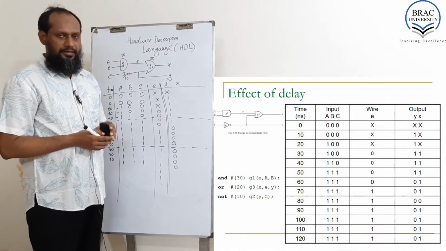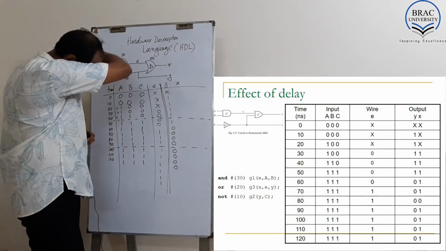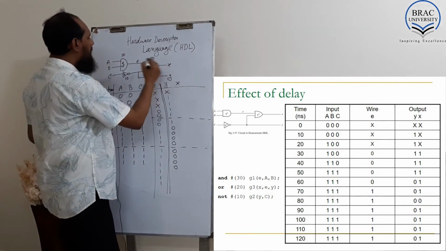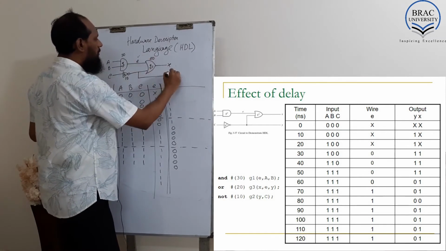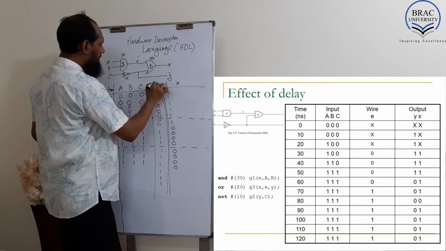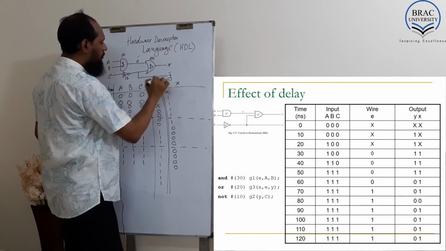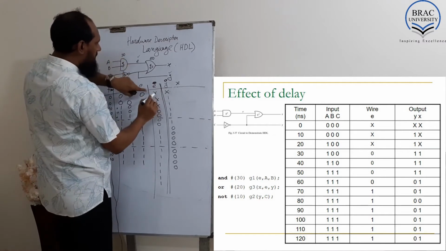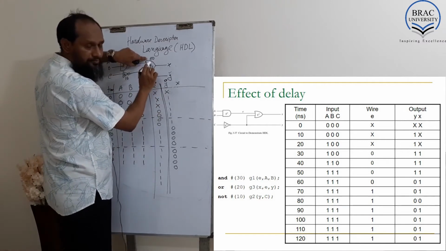Okay. Now, let us consider x. X is the output of E and Y. So, we will consider E and Y, and the triggering time is 20.